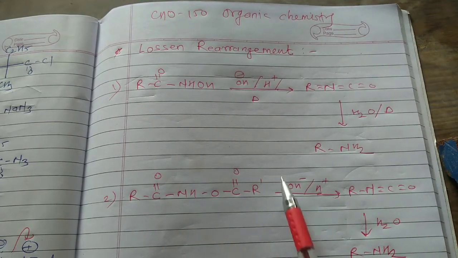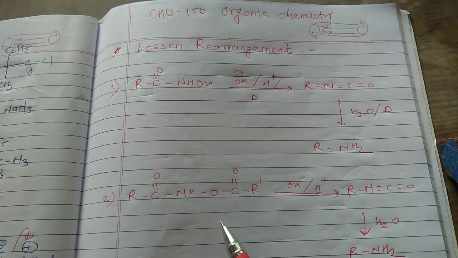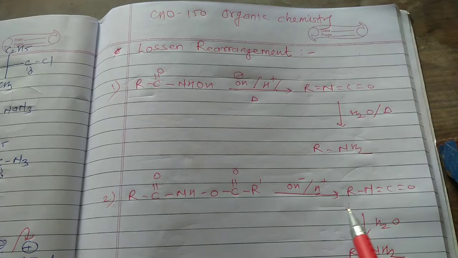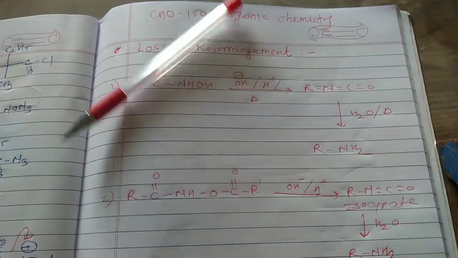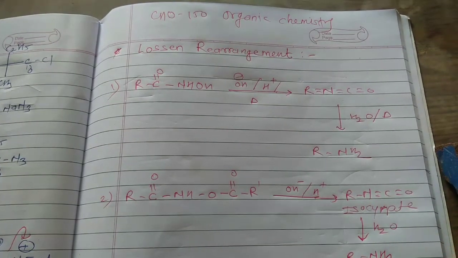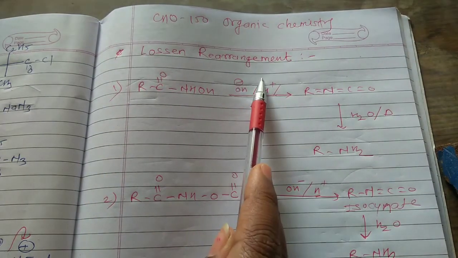If this R dash is the aryl group, that is called an O-aryl derivative, which is converted to the isocyanate. This is the isocyanate. This is called the Lossen rearrangement reaction.